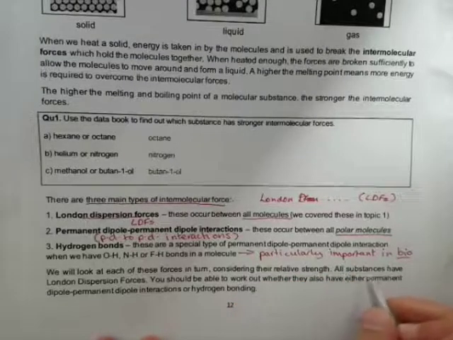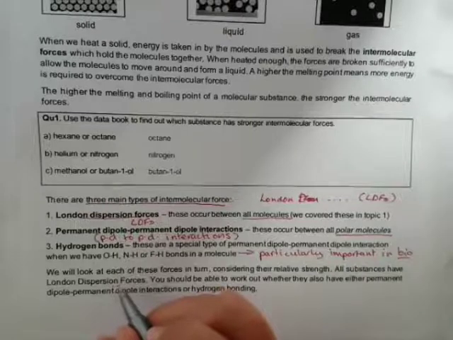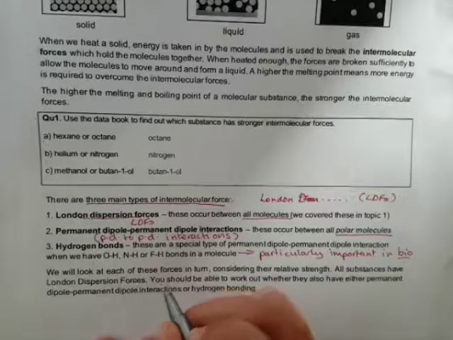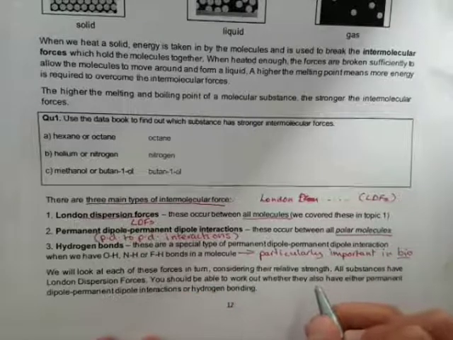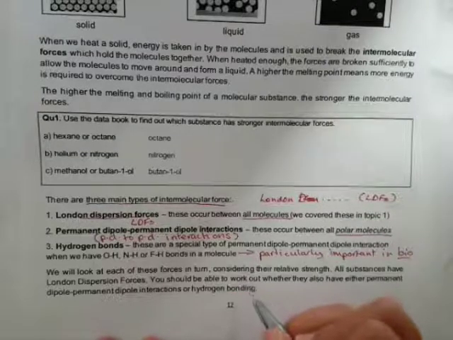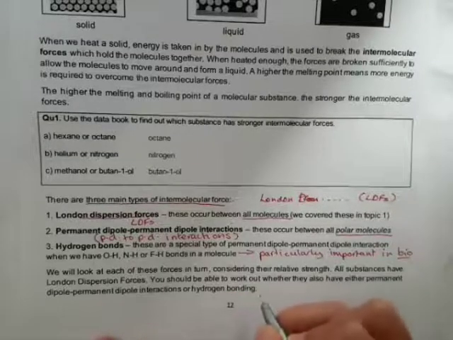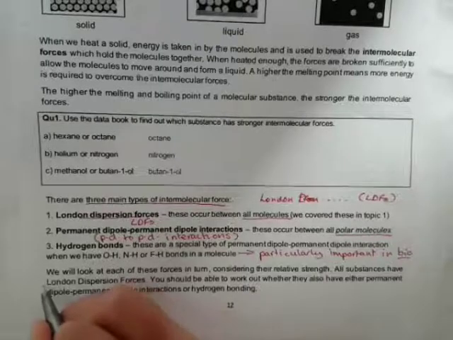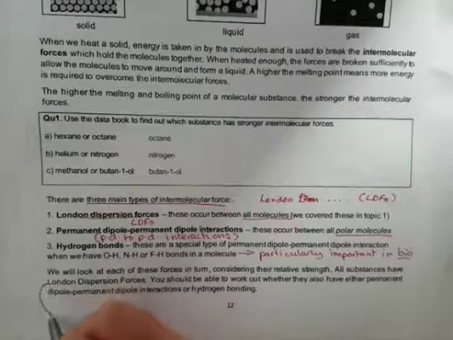What you've got to remember is all substances have London dispersion forces. And what you should be able to work out is whether they also have either permanent dipole interactions or hydrogen bonding. You should be able to do that by the end of lesson 4. So this is one of the key points of this topic.